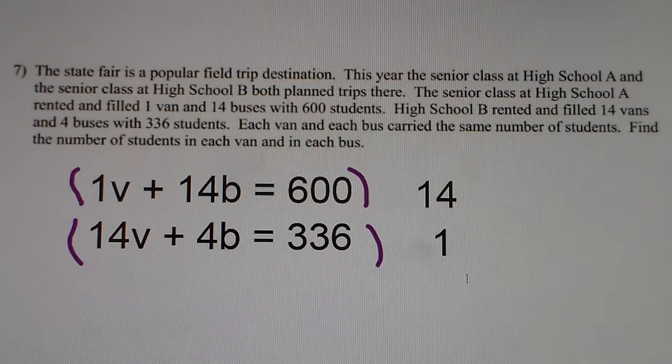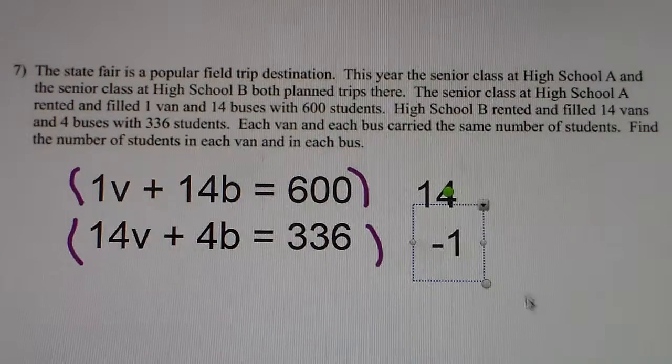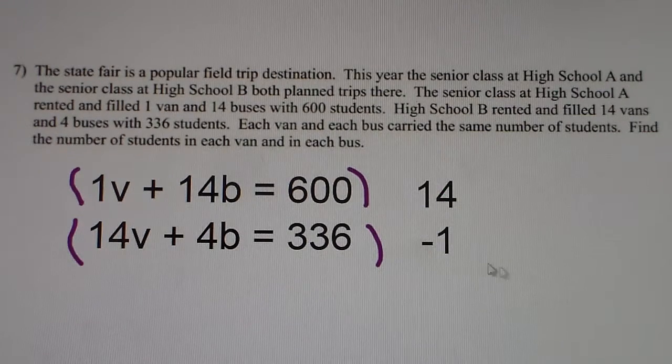So I'm going to make this positive one into a negative one. Referring to the leading coefficients of our 2 equations and these 2 numbers, those are the 4 numbers I'm looking at. 3 of them need to be positive, 1 negative, or 3 negatives and 1 positive. Now once I do that, I multiply it out.